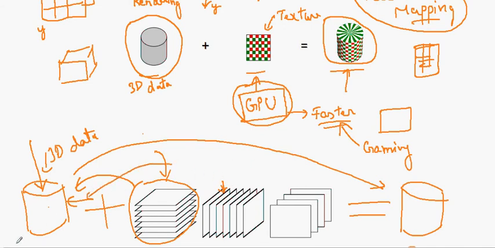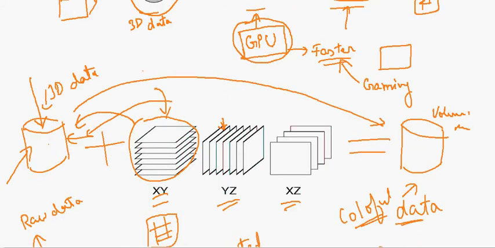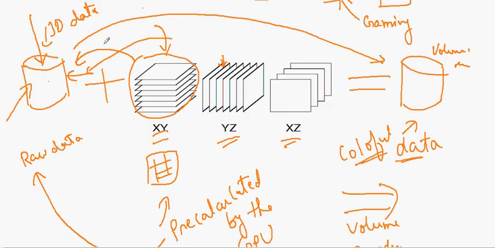And if I am seeing in this direction, this pre-calculated texture map is mapped to the 3D data, and the rendered volume is shown on the screen. So it's basically fast to interpolate the texture map to the volume data and show it on the screen.